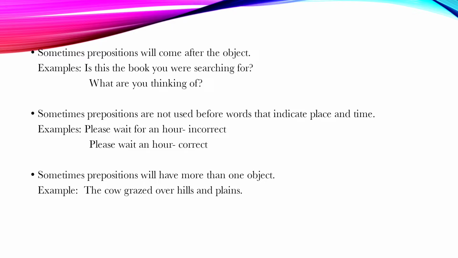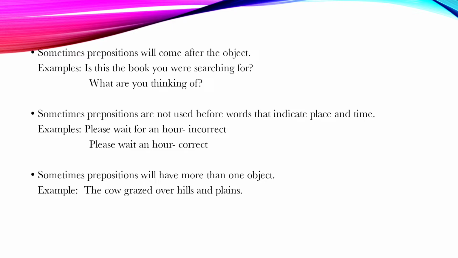And you have to notice a few points. Sometimes prepositions will come after the object. In the last examples, we saw prepositions coming before the object. I hope you remember. But prepositions can also come after the object. Consider the example. Is this the book you were searching for?